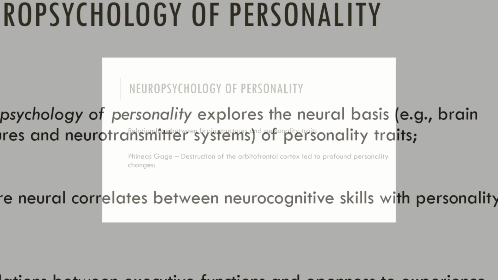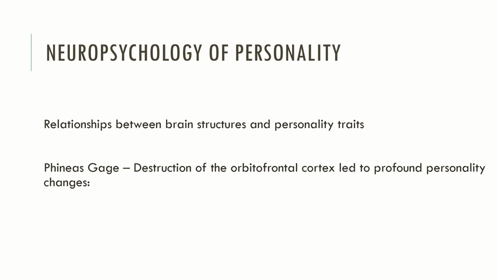Previously, relationships between brain structures and personality traits were detailed in one major case that allowed us to have some different ideas about how the brain may correlate with personality traits. This was the case of Phineas Gage, where the destruction of the orbitofrontal cortex led to profound personality changes. These changes were impulsivity, risk behavior, and decision-making deficits.